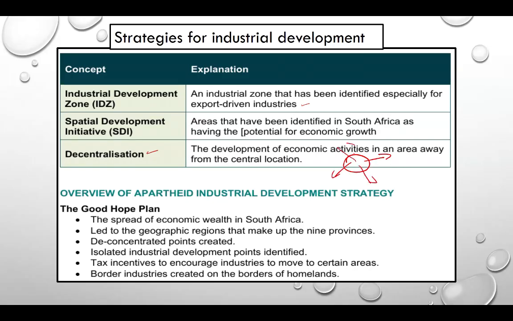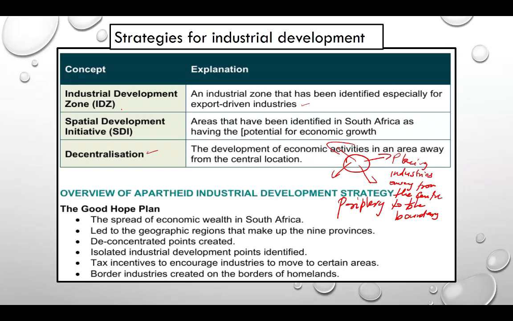That is what decentralization is: placing industries away from the center to the boundaries, or we can say the periphery. So that is what industrial decentralization is. So you must be able to define these concepts.